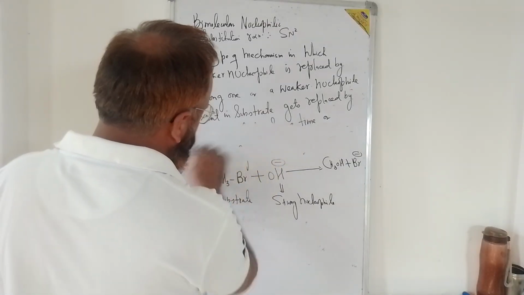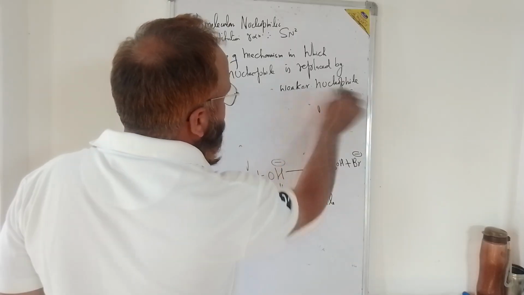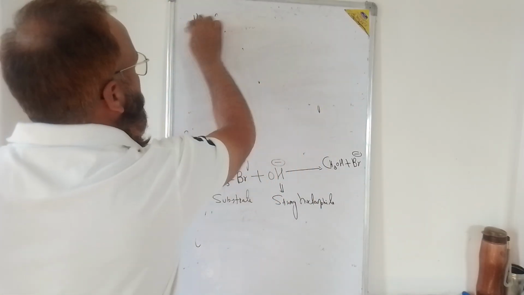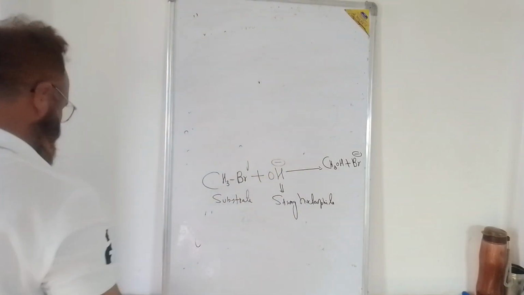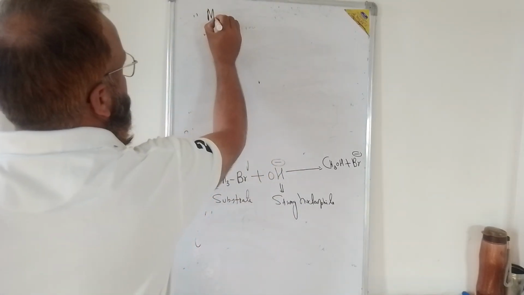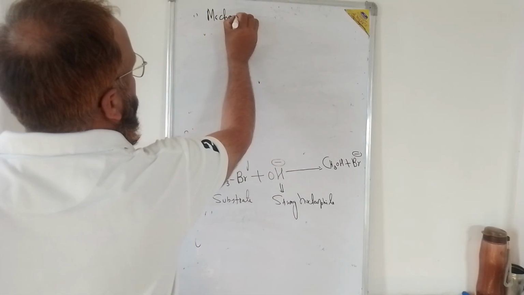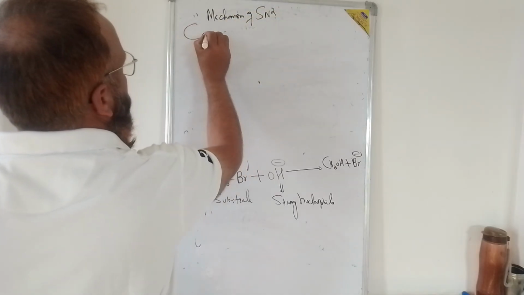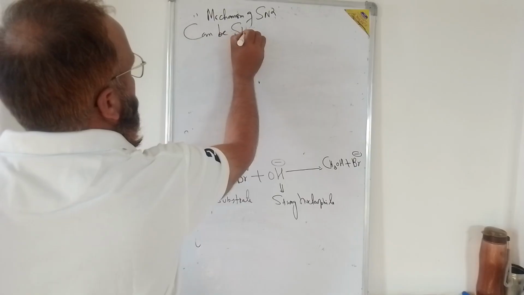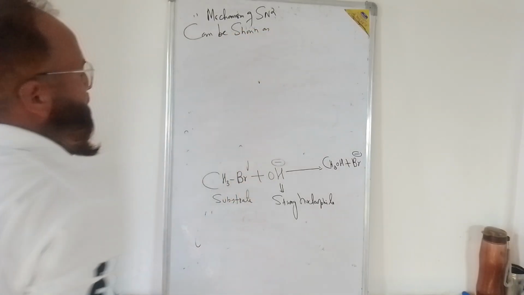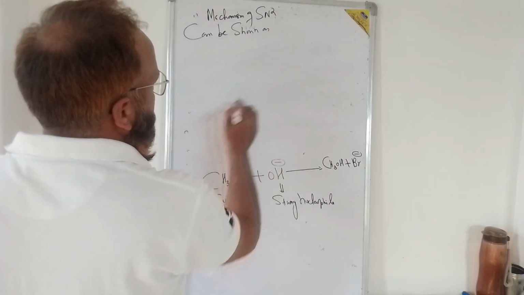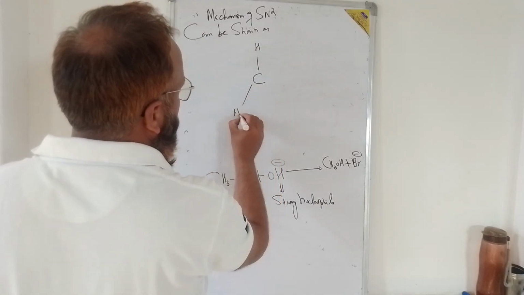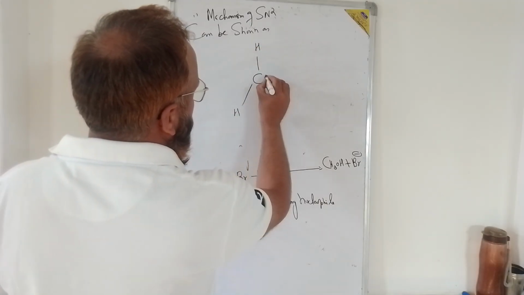So write down, the mechanism of SN2 can be shown as, C H H H, here is Br.